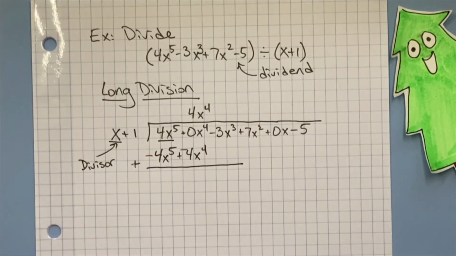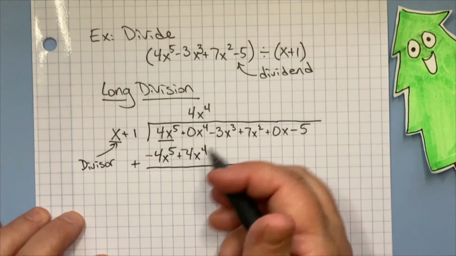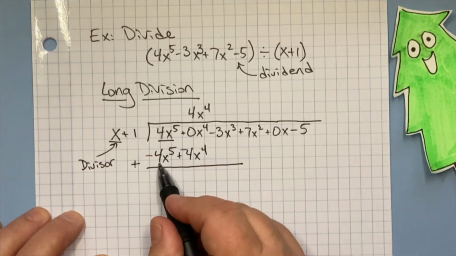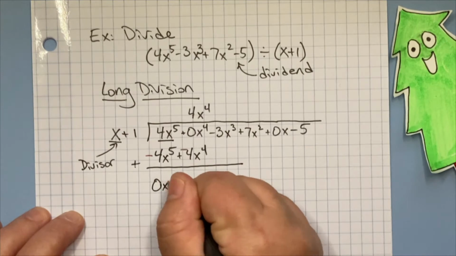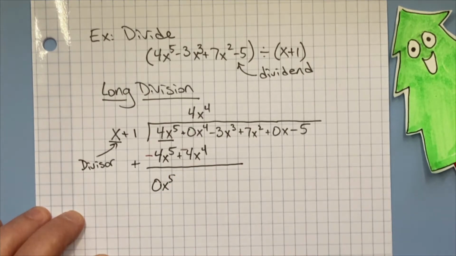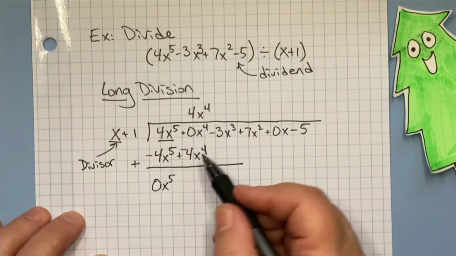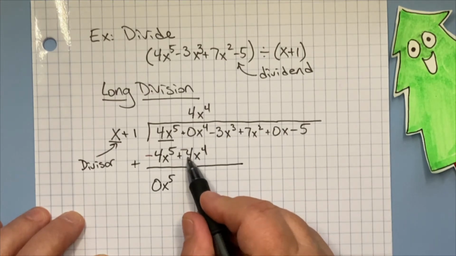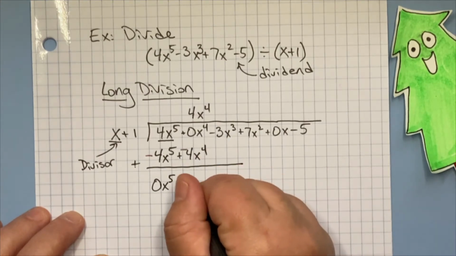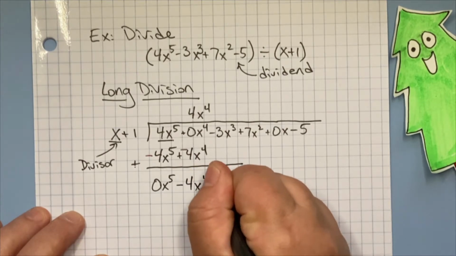Adding the opposite is the same thing as subtracting. So if you learn to subtract, you go for it. So 4x to the fifth minus 4x to the fifth is 0x to the fifth. Again, if this bugs you, just leave it blank. That's fine. 0x to the fourth plus a negative 4x to the fourth is a negative 4x to the fourth.